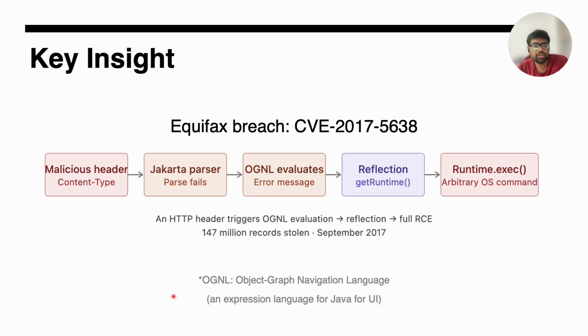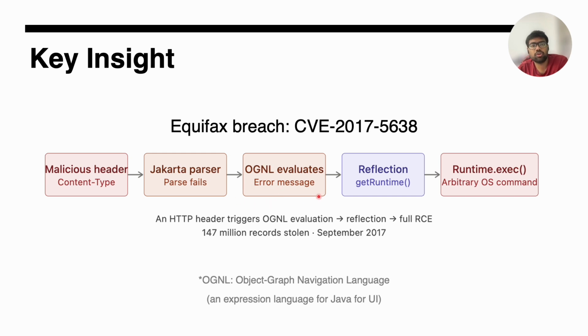Now, there's a different attack, which is the Equifax breach, CVE-2017-5638. In this case, the attacker sends a crafted content type header to an Apache Struts application. Then the application parses the header using the Jakarta parser. And when the parser fails, the application tries to generate an error message, but here is the main design flaw.